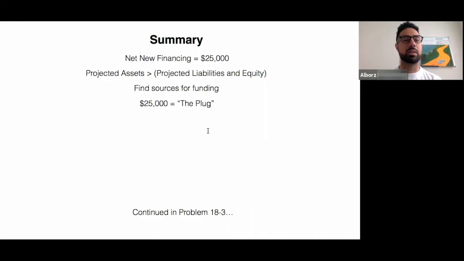This means we need to raise funds by equity, debt, or both to fill the shortage. This explains why this amount is called the plug. Now we have our answer to problem 18.2. Our total amount of net new financing needed is $25,000. But how do we plan to raise that money? Problem 18.3 answers that, and we will do that in part 2 of this video.